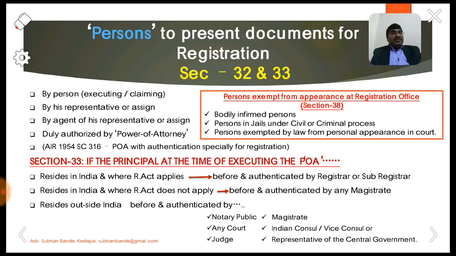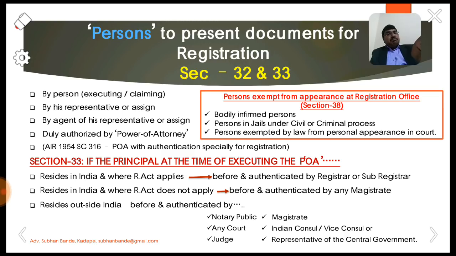Here the following persons are exempted from appearance at registration office as under section 38 of Registration Act 1908. The persons who are bodily infirm, unable to move from the bed, who are bedridden, are exempted from appearance at registration offices.